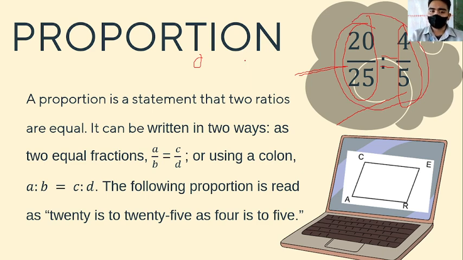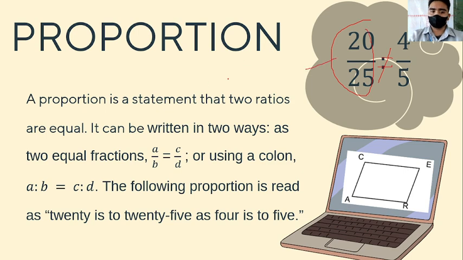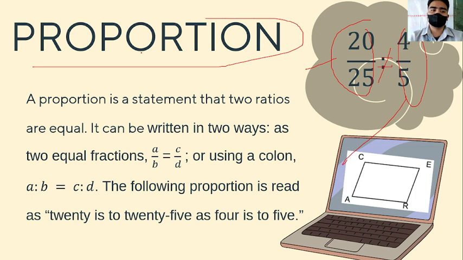But if these two ratios are not equal, they are both ratios, correct, but we cannot say that they are proportion. We could simply tell that these two ratios are not proportion. So again, a proportion is a statement that the two ratios are equal to each other.